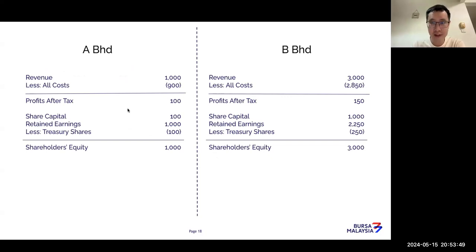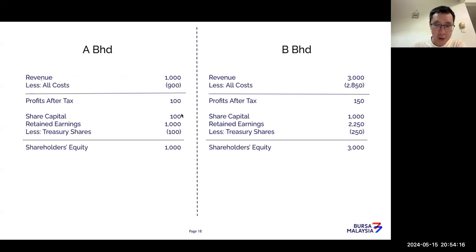Now, how do we calculate return on equity? Very simple. So we're going to do the A/B testing again. So we have A Berhad, we have B Berhad. Just now, for A Berhad, we have the income statement, which is over here. So we have revenue, profit after tax, revenue, profit after tax. All this is actually from the income statement.